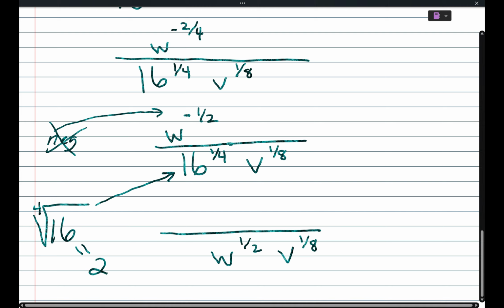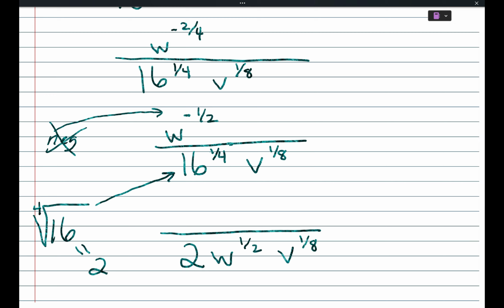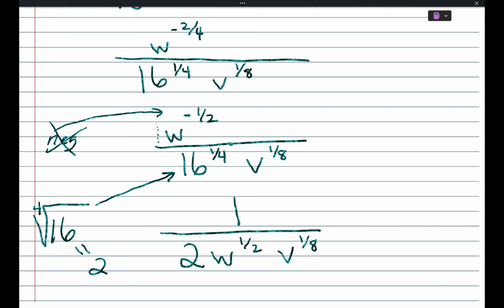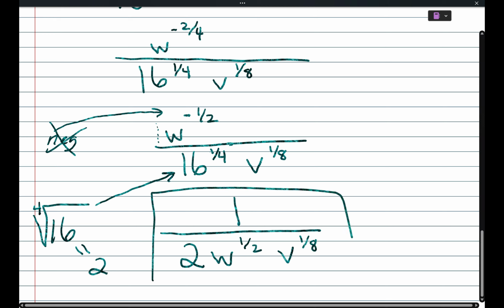So then that 2 goes down below as well. What goes in the numerator? Well, there was an invisible 1 in front of the w. So that 1 will stay there. The w to the negative 1/2 is the only thing that dropped down because its exponent was negative. So we box that in.